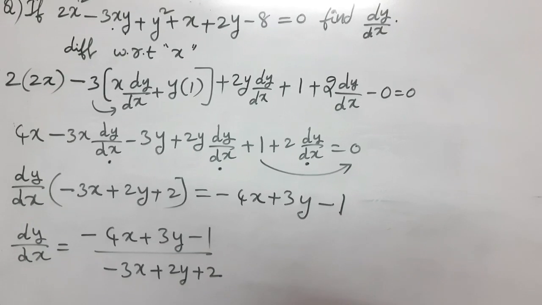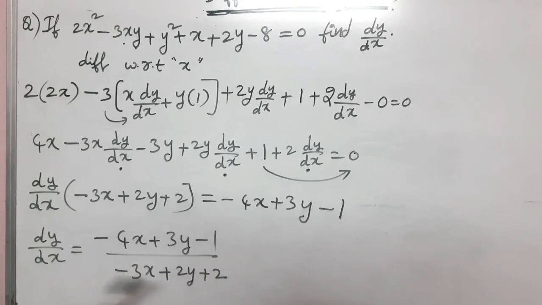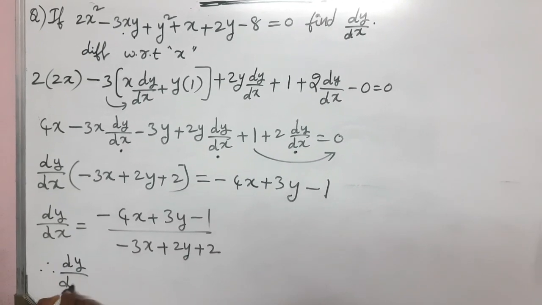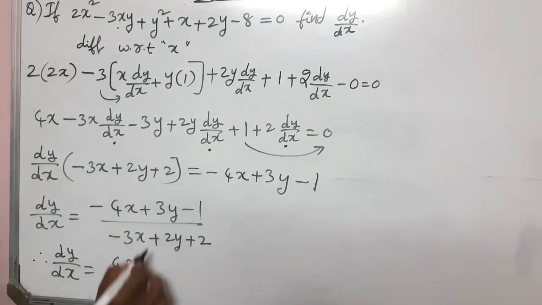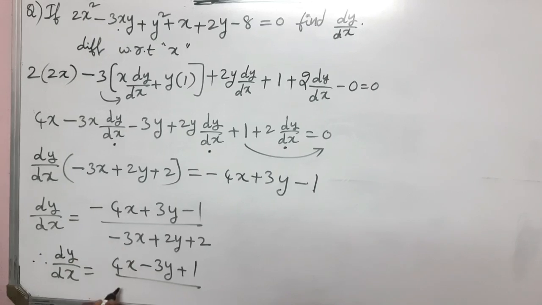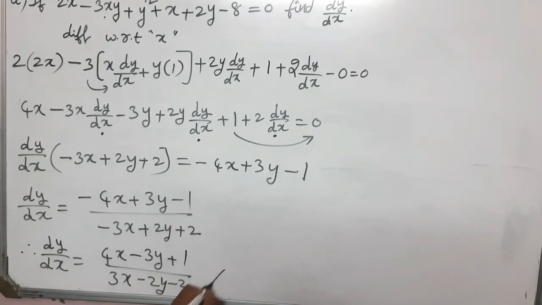We can conclude here, otherwise take minus common in numerator and denominator, those cancel. dy by dx is equal to, so this will be plus, minus, plus, minus, again plus, by the denominator also, 3x minus 2y minus 2 is the answer.